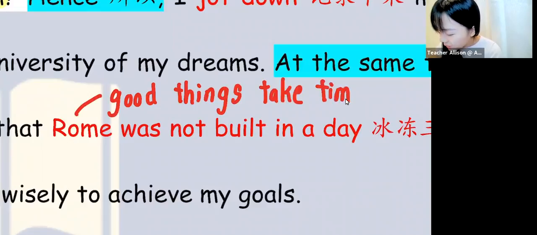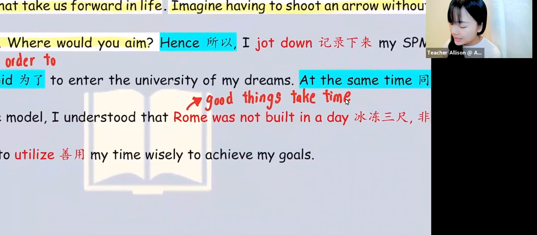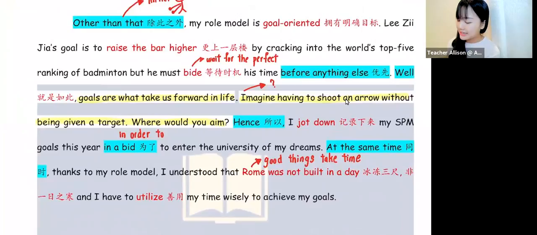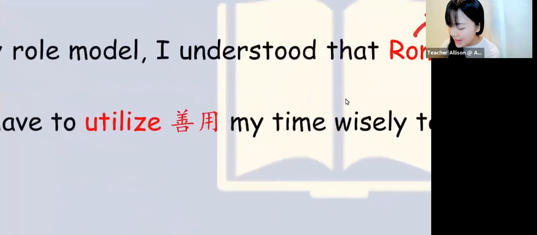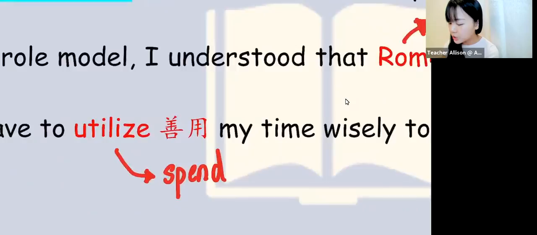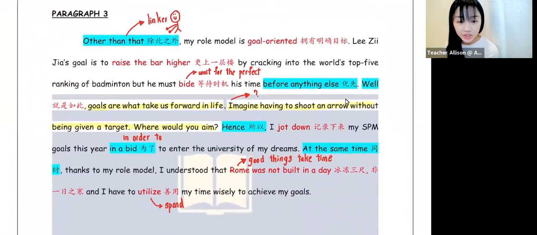So basically, we are talking about, if you want to build a legendary achievement like your role model did, good things will take time, or maybe Rome was not built in a day. And I have to utilize my time wisely to achieve my goals, meaning you have to spend your time wisely in order to achieve the milestones that your role model has achieved.